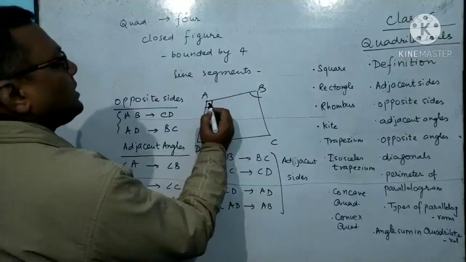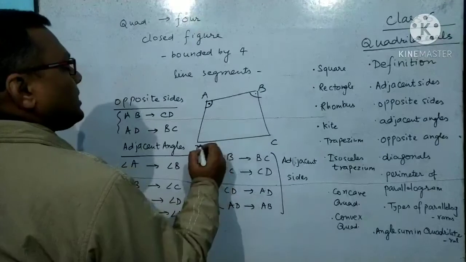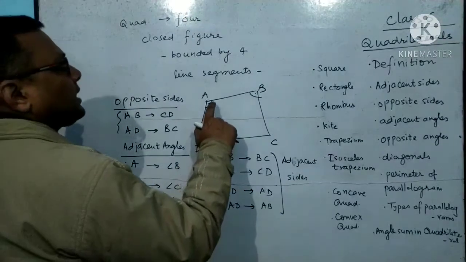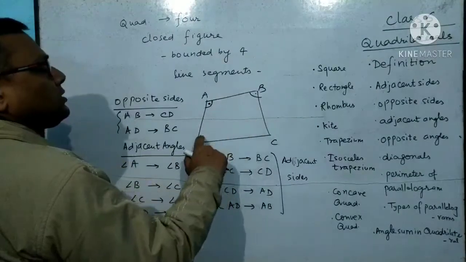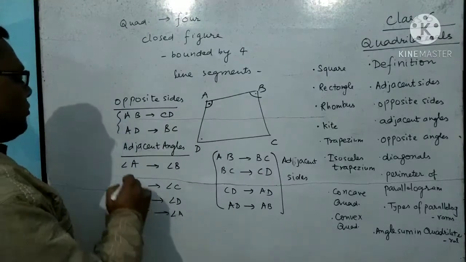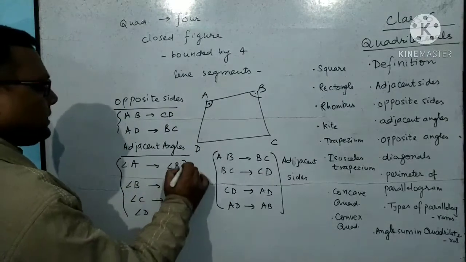Angle A has angle B as the adjacent, angle D is also adjacent to angle A. So we may take adjacent angles as A and B or A and D also. So one angle has two adjacents, so we get four pairs of adjacent angles.